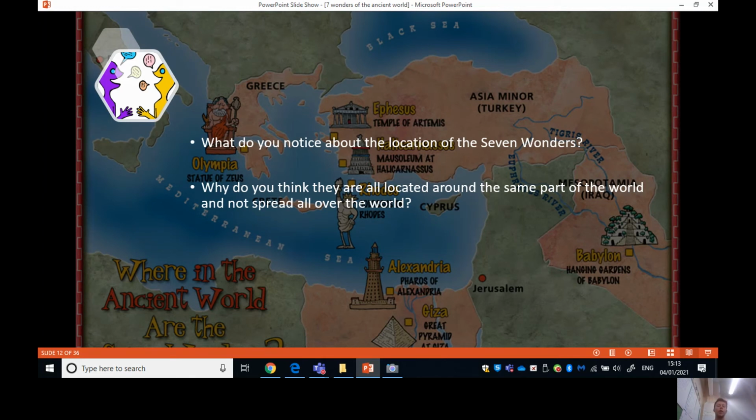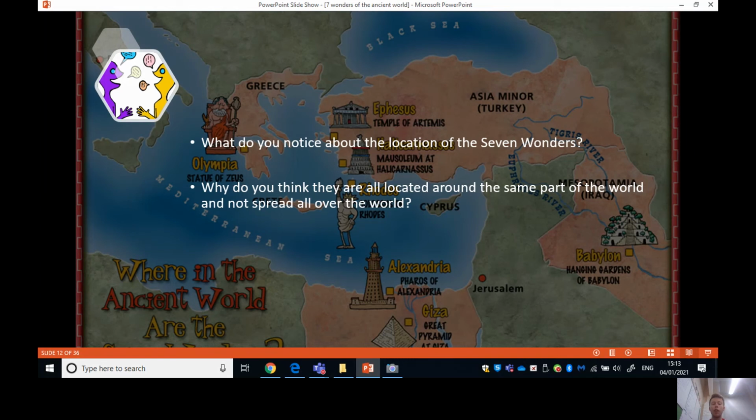So this is the question I want you to answer, and if you've done this lesson before or this afternoon, it is a question that myself and your teachers are going to ask you, and we might call upon some people to discuss. So what do you notice about the location of the 7 wonders?